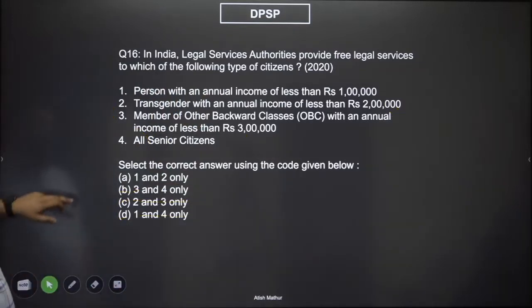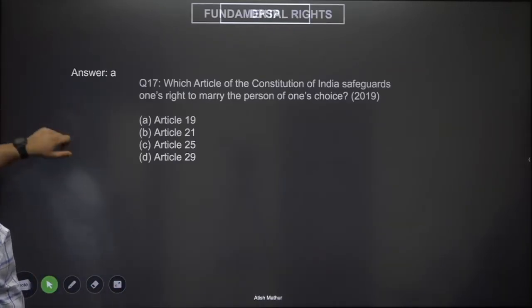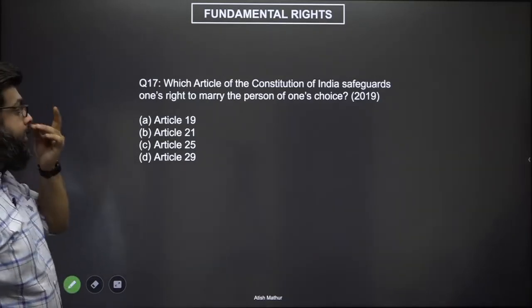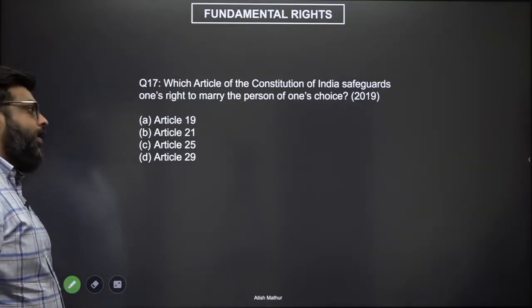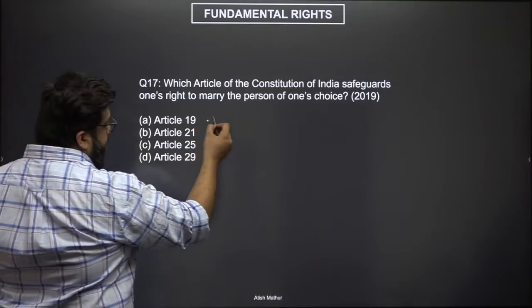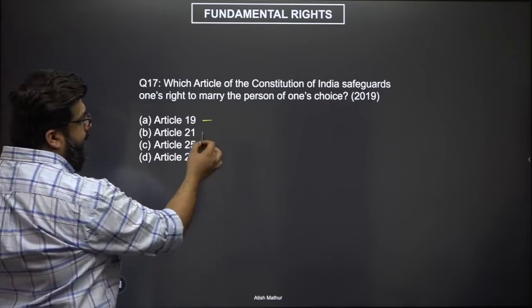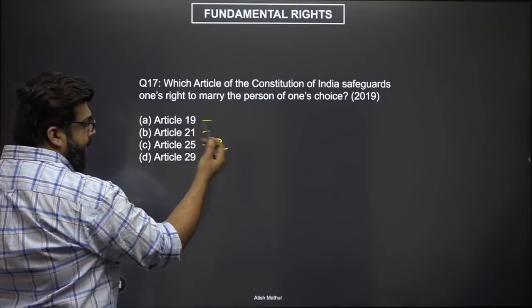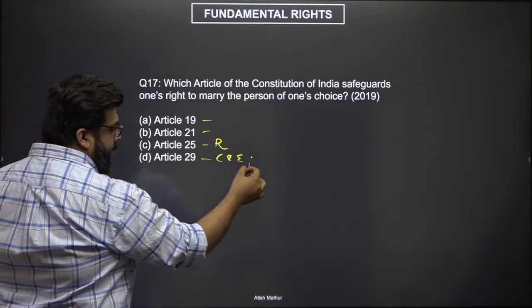All right, next, there you go. Which article of the Constitution safeguards one's right to marry a person of one's choice? The right to marry somebody. Article 19 is freedom of speech and expression, 21 is life and liberty, 25 is religion, 29 is cultural and educational rights.